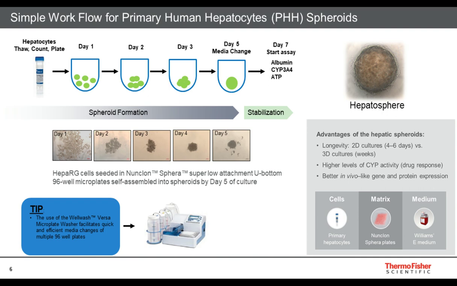And we typically will plate and leave them unperturbed until day 5, where we do a media change and inspect the cells for the quality, morphologically, the quality of spheroid formation. And at that point is when we typically start to do experiments with these cells. And this is in contrast to the platable version of these cells. By day 5, they're really exiting their usable window for the most part.